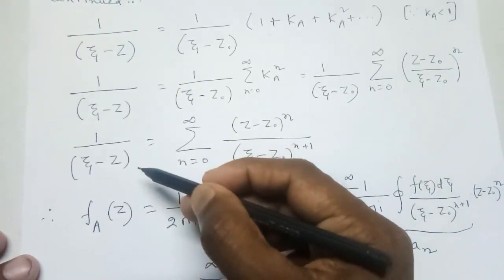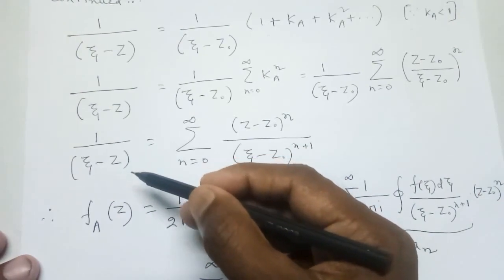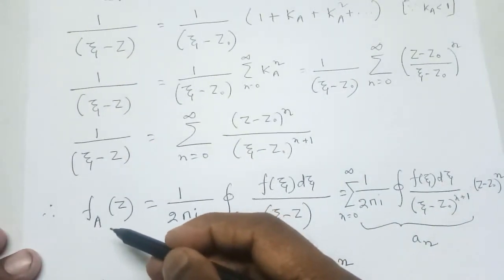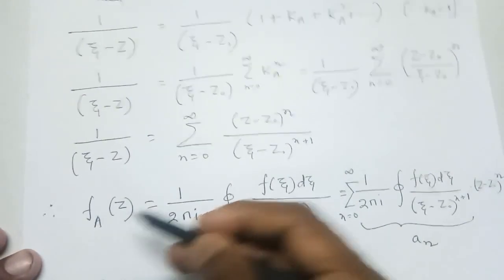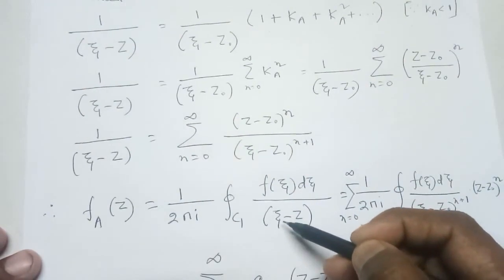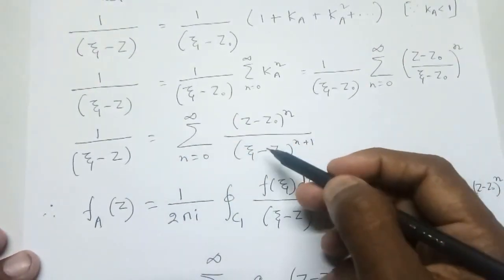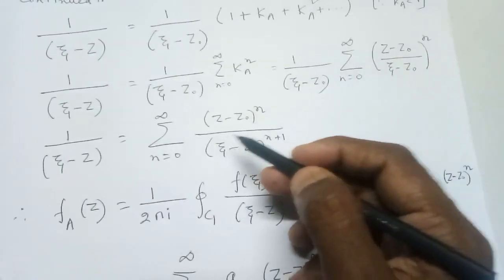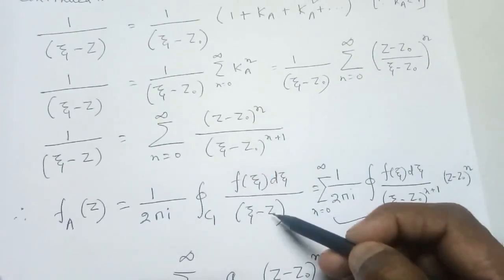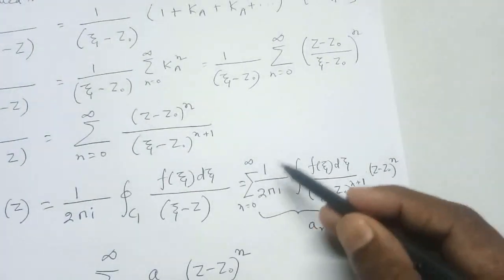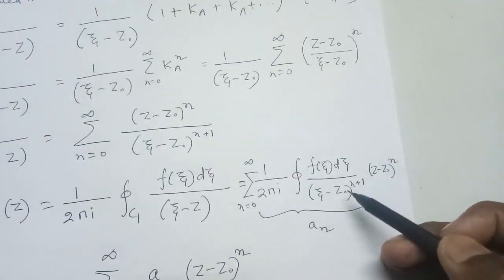See, we find the expansion of 1 by xi minus z because we wanted to evaluate the analytic part, where it contains this term 1 by xi minus z. So we get the series expansion, and we are going to substitute this term here in the analytic part, and we find this form of analytic part.